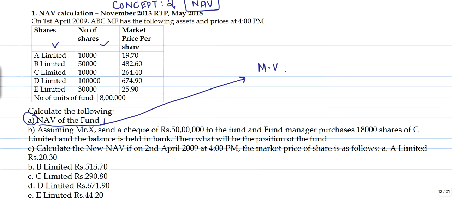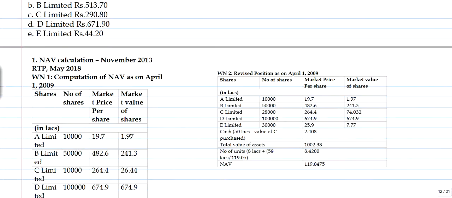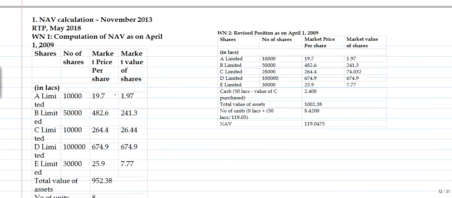Market value of the shares divided by the number of units of the fund. This multiplied with this, divided by the total. See here. Working note number 1, computation of NAV: number of shares given, market price of shares given.